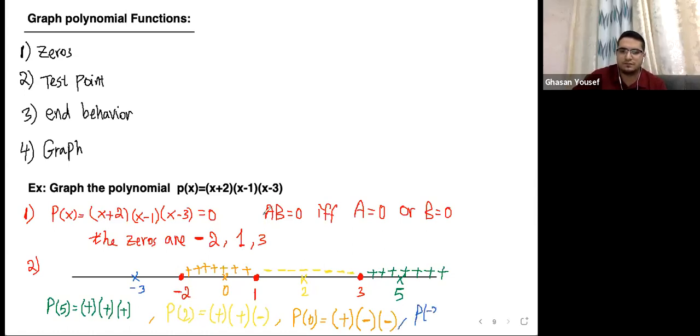P of -3. -3 plus 2 is -1, so it's negative. -3 minus 1 is -4, so it's negative again. -3 minus 3 is -6, it's negative again. Negative times negative is positive. Positive times negative is negative. So here is negative. Is it clear?